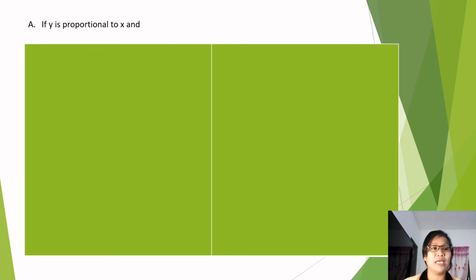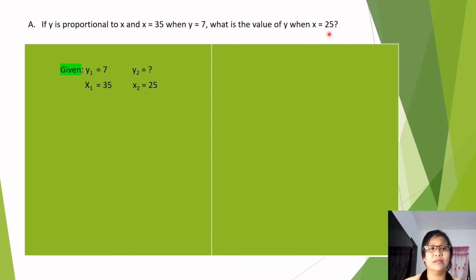If y is proportional to x, and x is equal to 35 when y is equal to 7, what is the value of y when x is equal to 25? Y sub 1 is 7, x sub 1 is 35, y sub 2 is the unknown, and x sub 2 is our 25.